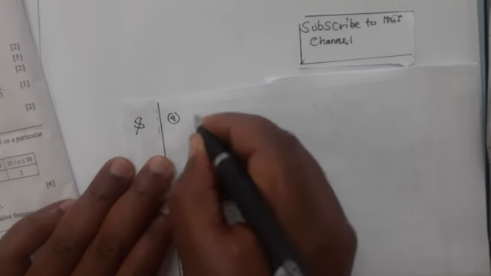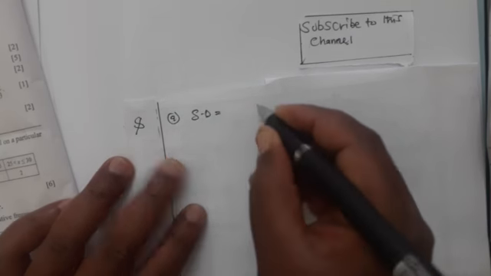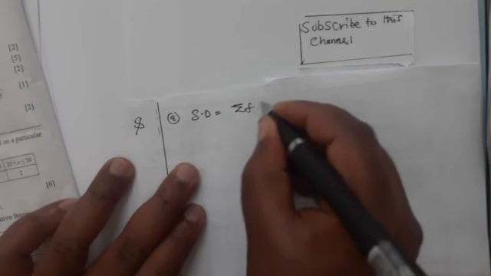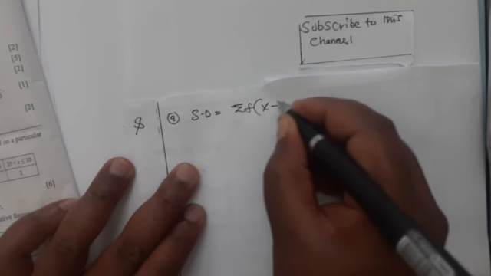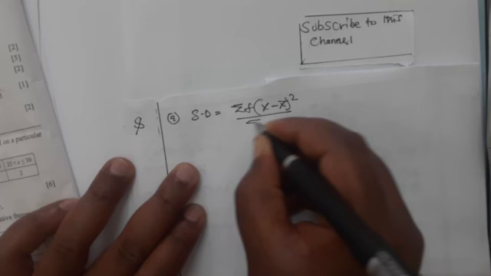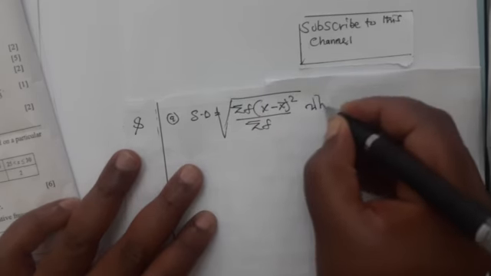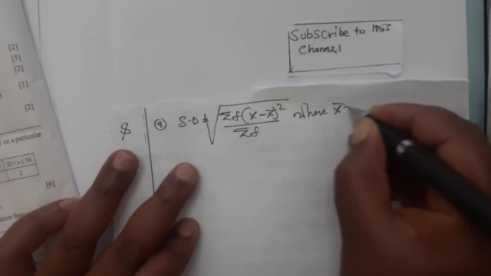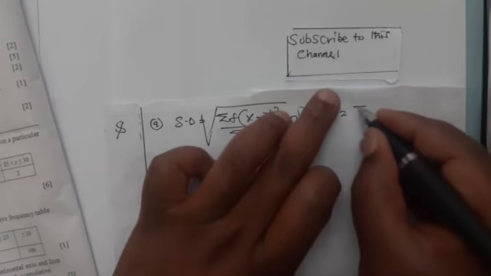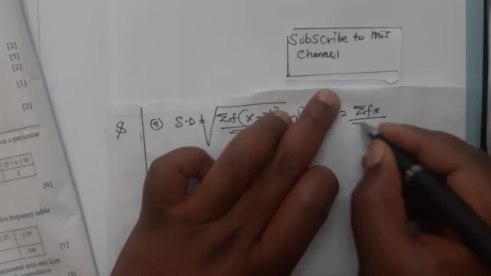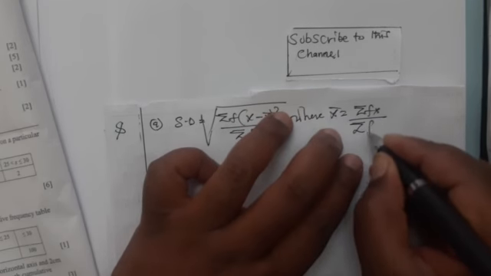Okay, so here, this is A. We are saying to calculate the standard deviation, we are going to say summation of f, x minus x bar, squared, over summation of f. You square everything. Alright? Where x bar, which is the mean, is equal to summation of f x over summation of f.